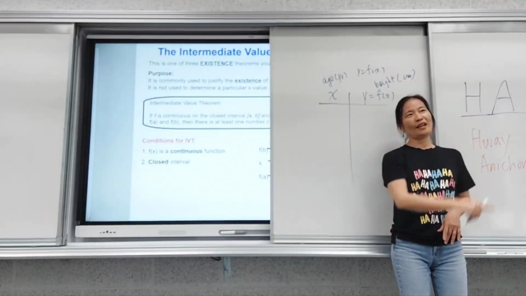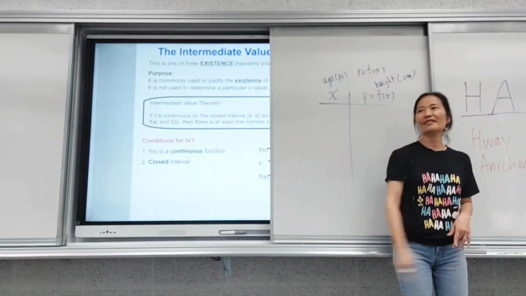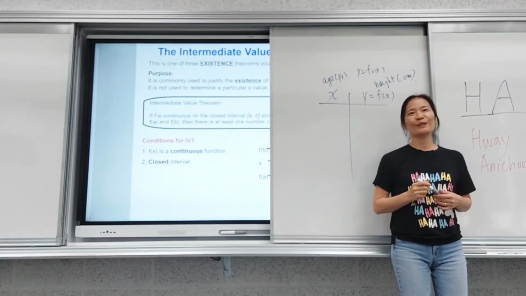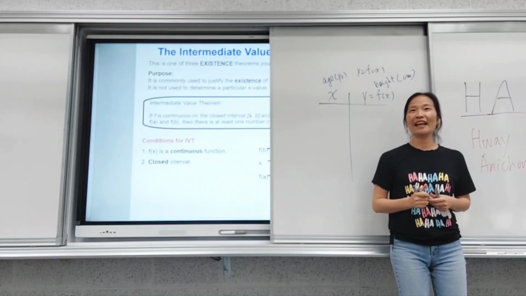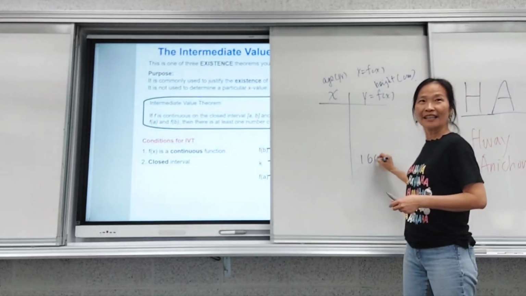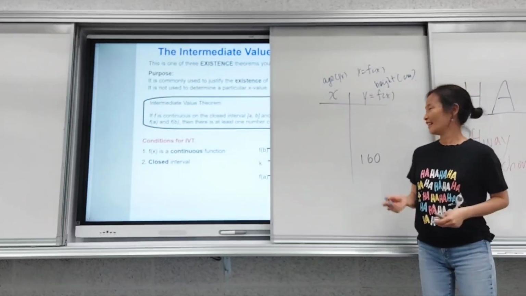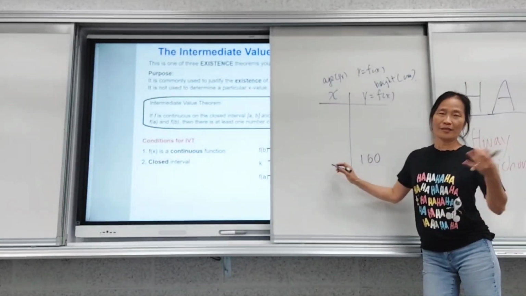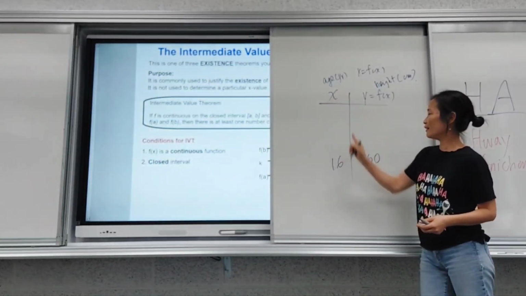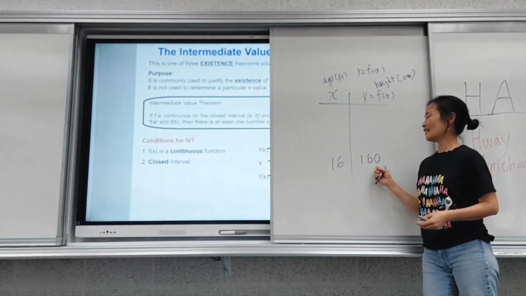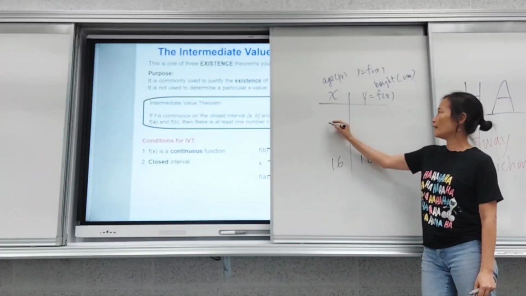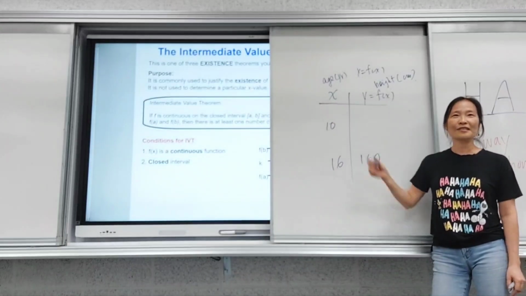Let me choose one person. I'm going to choose Jacqueline. Jacqueline, how tall are you? 160? Yes. And how old are you? Just a round 16 years old. Okay, so when Jacqueline is 16 years old, she is 160 centimeters. Jacqueline, when you are 10 years old, can you just give me a random number?